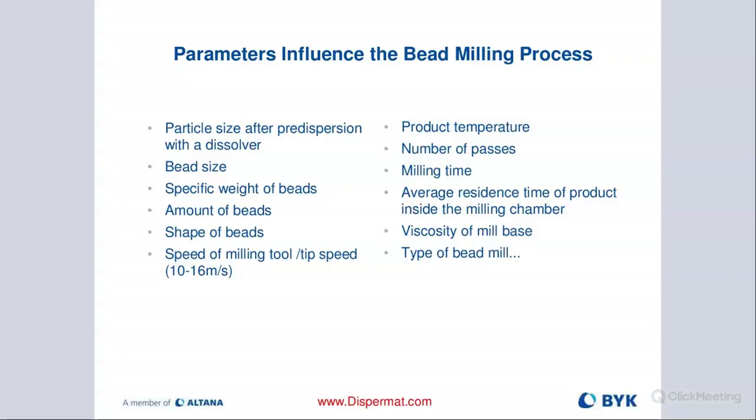The shape of the beads is also very important, especially for customers that are using glass beads. You really have to screen them. They do shard and they wear unevenly. So you see under the microscope, if you were to look at them after extended milling cycles and you don't screen them, you end up with very odd bead shapes.